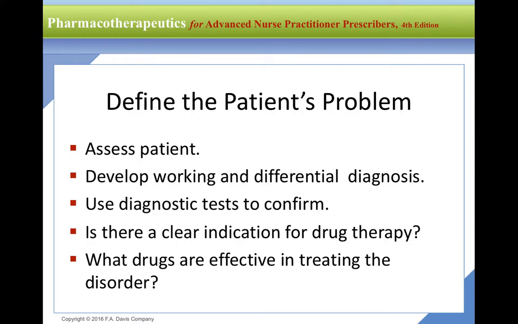Sometimes medications that are absolutely necessary, like chemo, are going to cause nausea and vomiting, and you're going to add on something for that. But if it's a side effect of a medication that can be changed, you want to look into changing that medication first. So you're going to develop a working and differential diagnosis based on the medications that they're on and how they present, using diagnostic tests to confirm, and see if there's a clear indication for drug therapy.